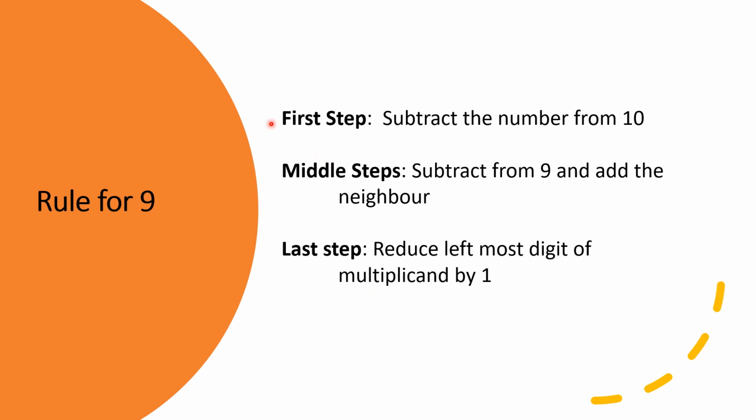The first step has to be applied for the first digit, the middle steps have to be applied from the second step till the last but one, and the last step has to be applied for the last one. We will see how it works in the next example. In the first step you will have to subtract the number from 10, and for middle steps you have to subtract the number from 9 and add the neighbor. And the last step is you will have to reduce the last-most digit of the multiplicand by 1.